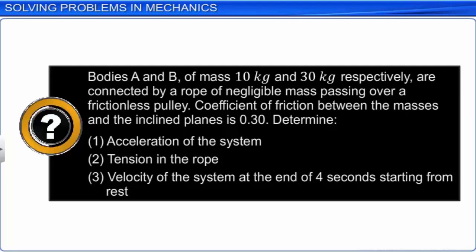The coefficient of friction between the masses and the inclined planes is 0.30. Determine the acceleration of the system, the tension in the rope, and the velocity of the system at the end of 4 seconds starting from rest.